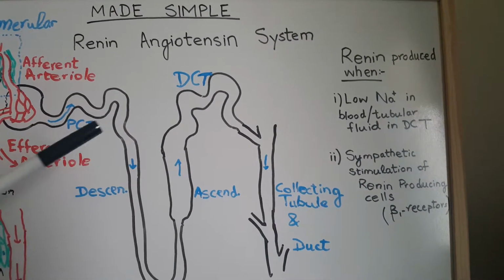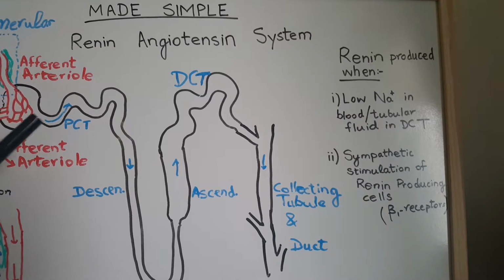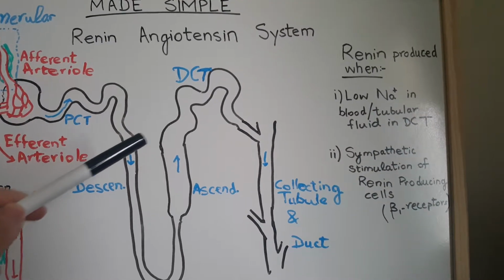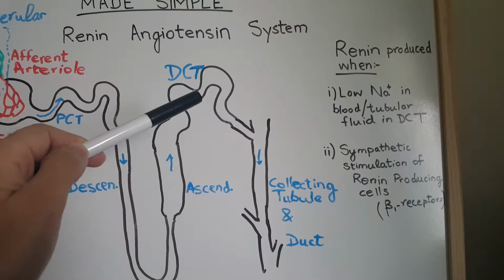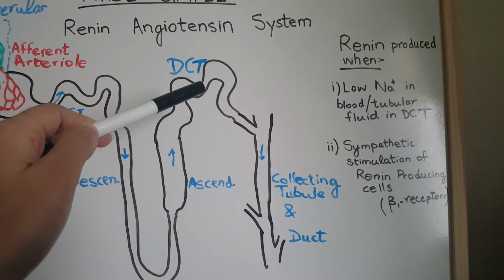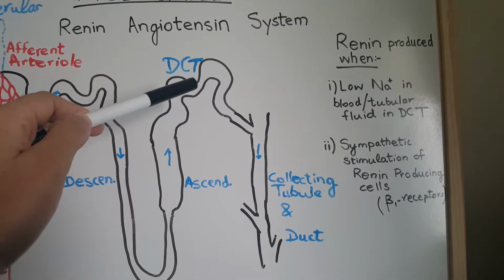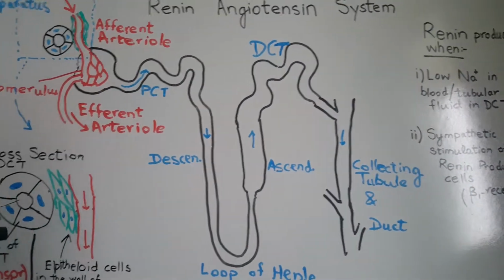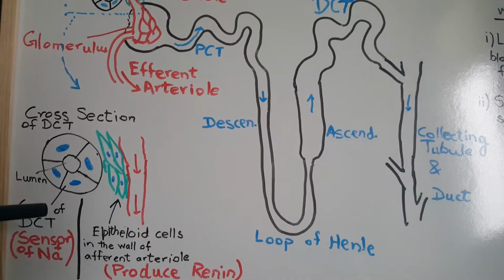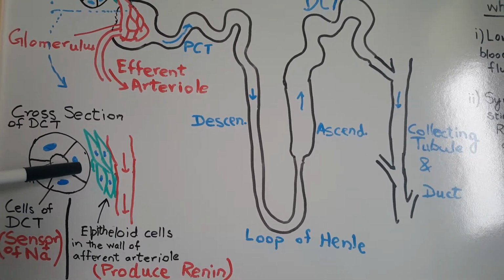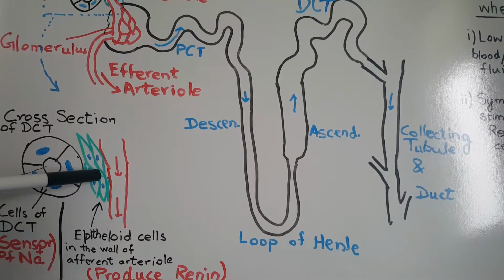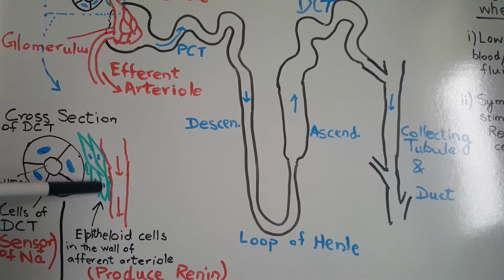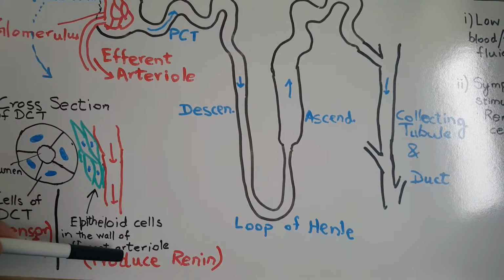So whenever there is low sodium level in the blood or there is hypotension, there is decreased sodium level in the tubular fluid in the distal convoluted tubule, and the cells in the distal convoluted tubule sense the low sodium level in the tubular fluid and send a signal to the afferent arteriolar cells called epithelioid cells to produce renin.